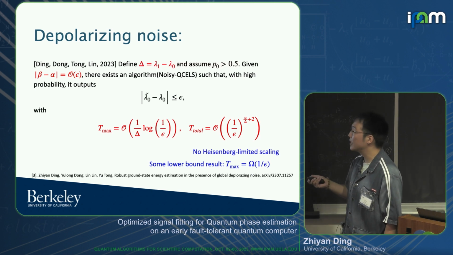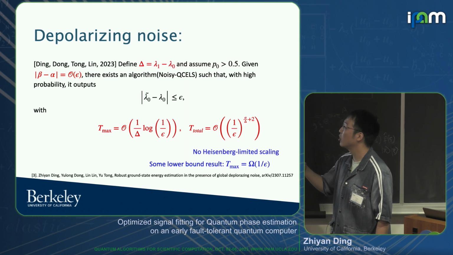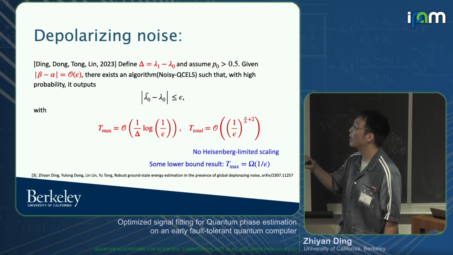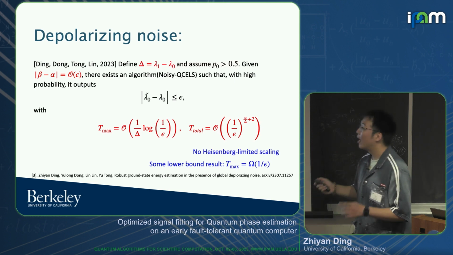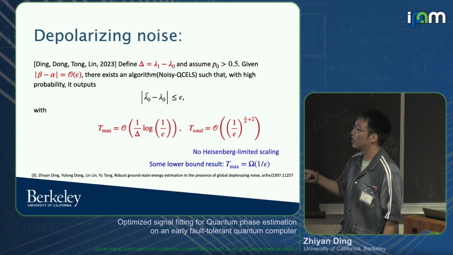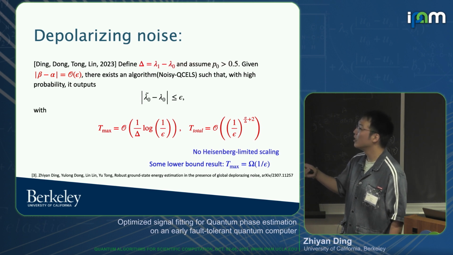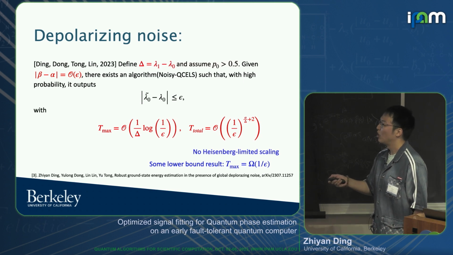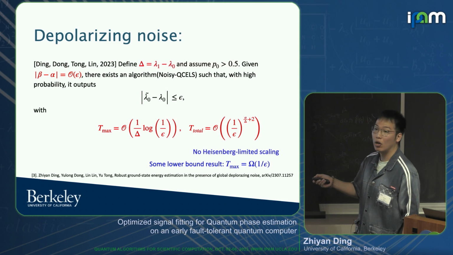So basically, if I define the spectral gap delta, equal to lambda 1 minus lambda 0, and I assume that I already have a good estimation for the parameter alpha, where the absolute value of beta minus alpha is O(epsilon), then I only need to run QCELS with a Tmax equal to 1 over delta log 1 over epsilon.